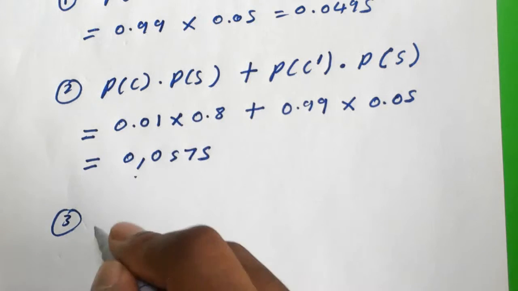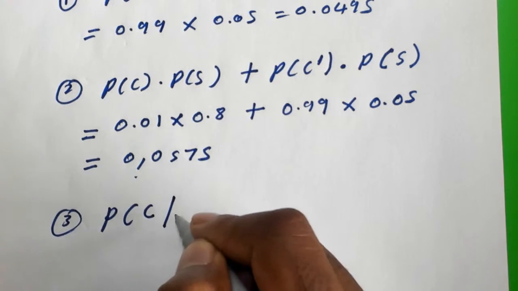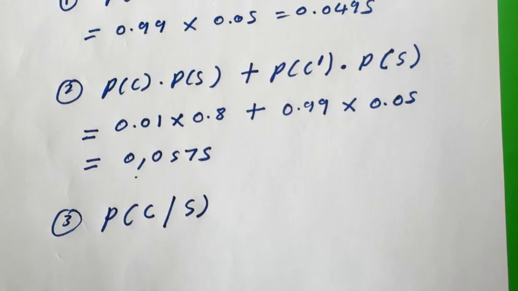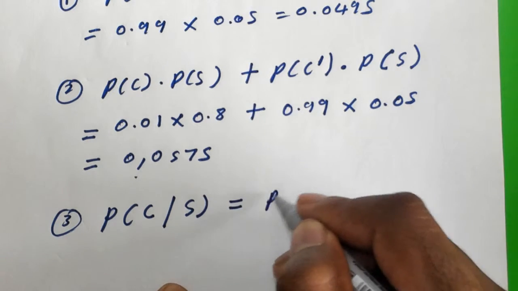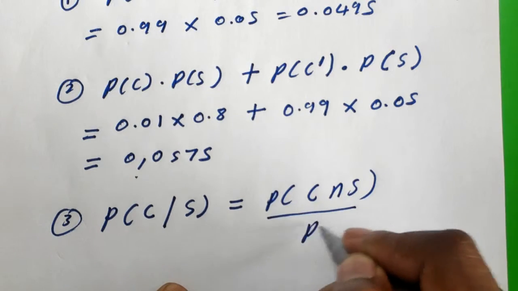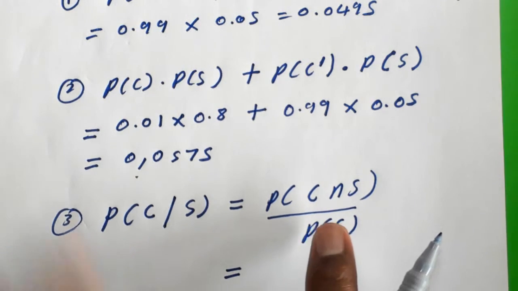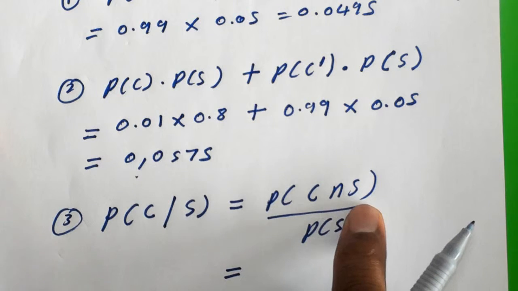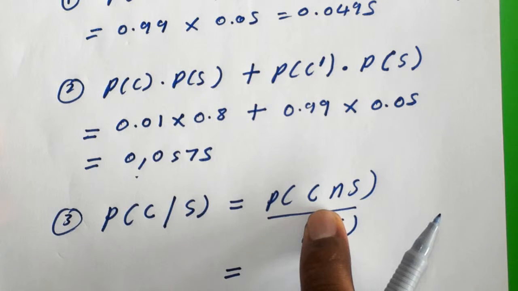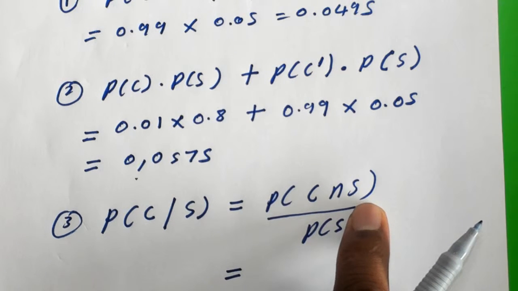So this is the probability of C given S, which is equal to the probability of C and S over the probability of S. Now, for the probability of C and S, remember, C is the patient with a disease, and S is that the screening is positive.